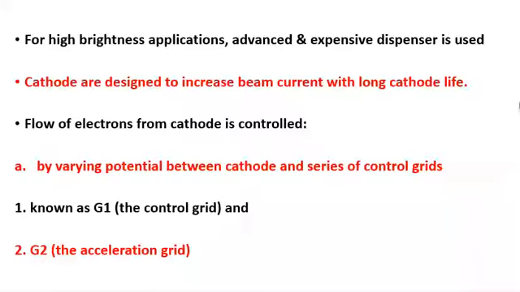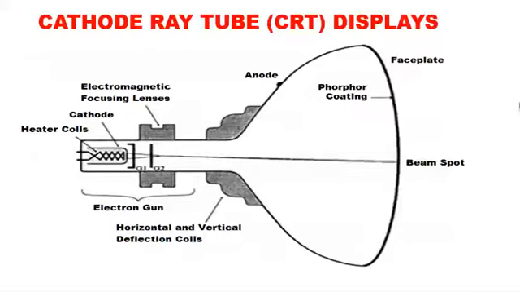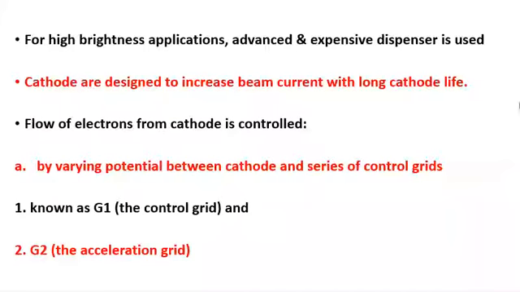Now let us look at the flow of electrons from the cathode and how it is controlled. This control is done by varying the potential between the cathode and a series of what we call control grids. As you can see from that diagram, we have G1 and G2 inside the electron gun, if you pay attention. So G1 is used for controlling the flow of the electrons.